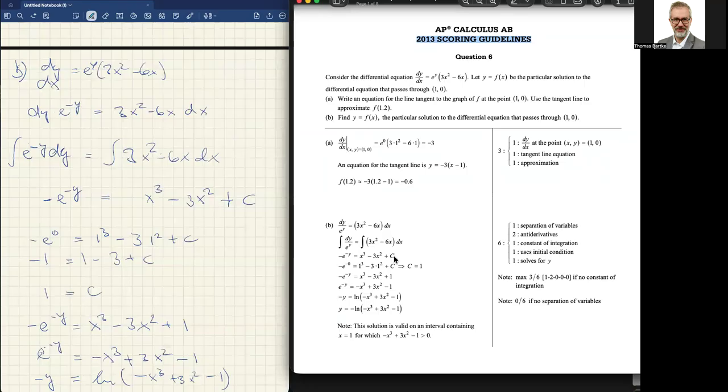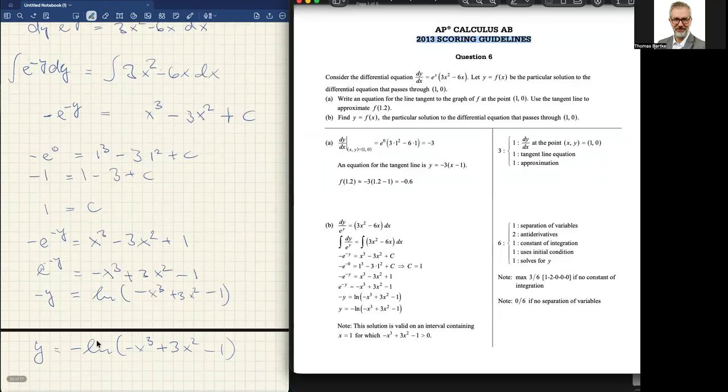That's this. Constant of integration gives you a whole extra point. The antiderivative is actually 2 points, right? Constant of integration is 1 point. Use the initial condition to solve for C is a point, and then solving for Y is the last point. And this is our last expression here that is on the next page. Y equals negative ln of negative x cubed plus 3x squared minus 1.